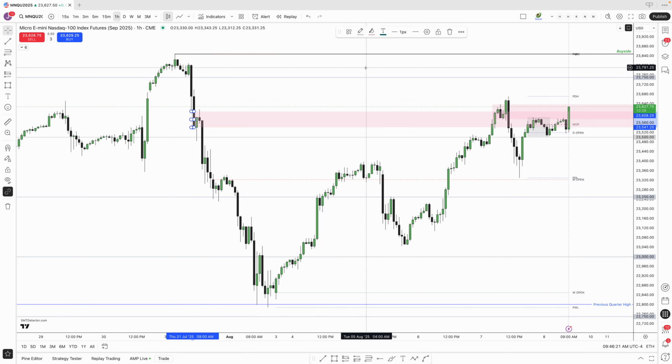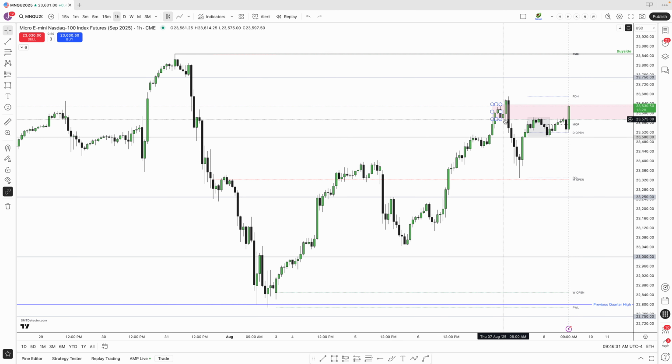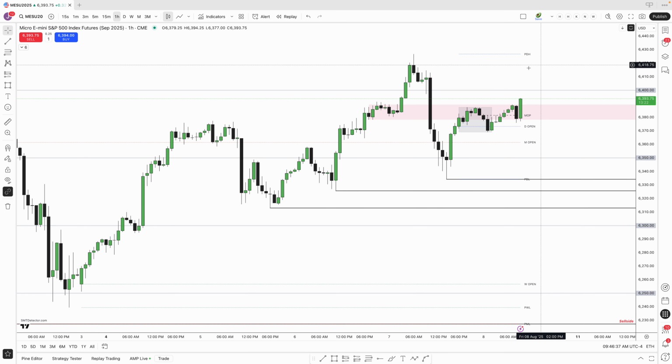That could really confirm bullishness here. But until then, I'll be using this. Same with the ES. If we really close above this gap here, this is a balanced price range, then I wouldn't consider shorts anymore.